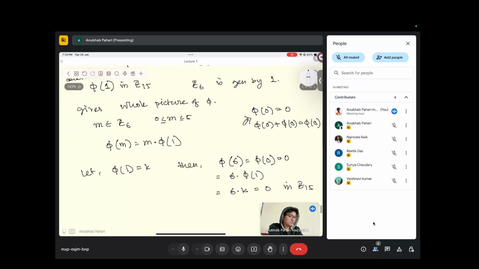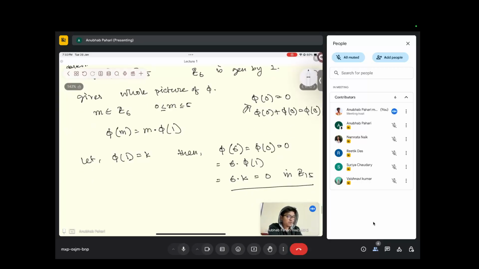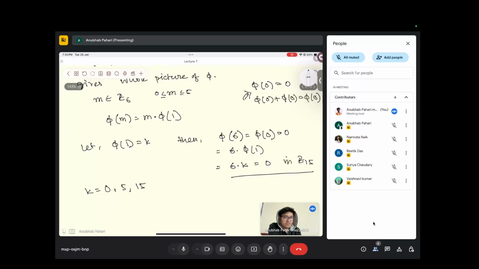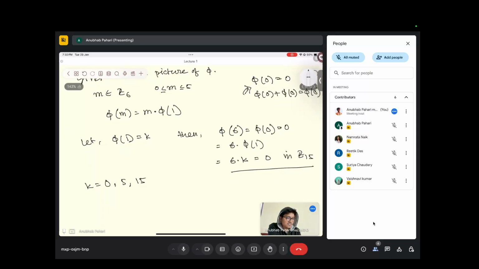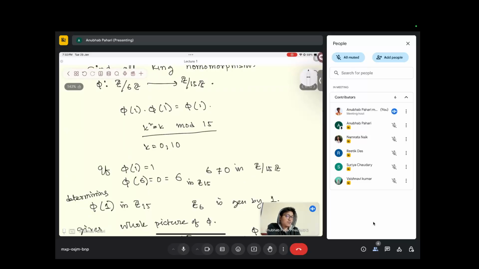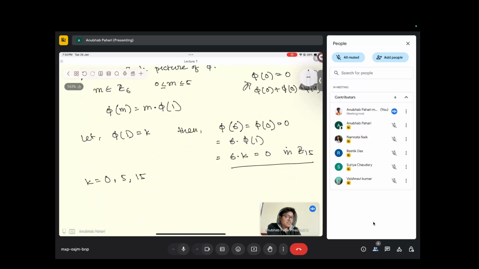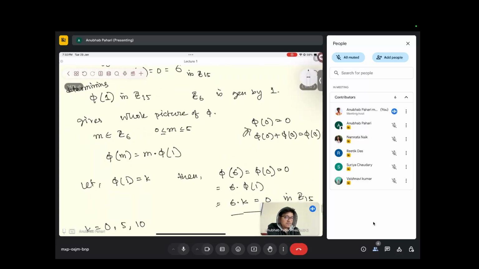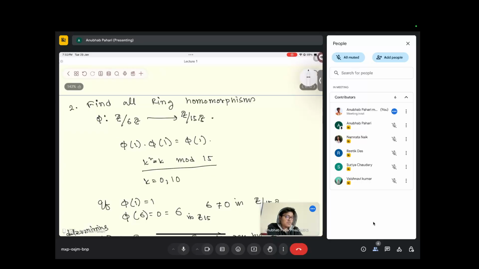So we are getting a relation in Z15, and from this you can see that the only possibilities of k are 0, 5 and 10. I have the solution set with me, so I can write it quickly, but you can calculate easily to see this. And using your argument, that is k square equals k in mod 15, you can again eliminate 5 from there, because 25 minus 5, 20, 15 does not divide this, so k is not equal to 5.